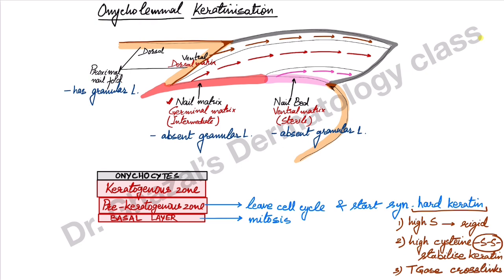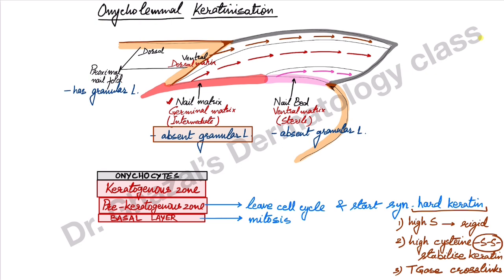So due to these properties of hard keratin, they actually don't need the keratohyalin granules that is used in the normal cornification of skin. So the granular layer is absent in onycholemmal keratinization. Let us understand in this way. What is the use of keratohyalin granules?